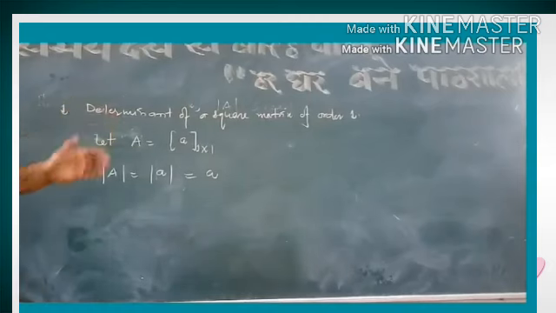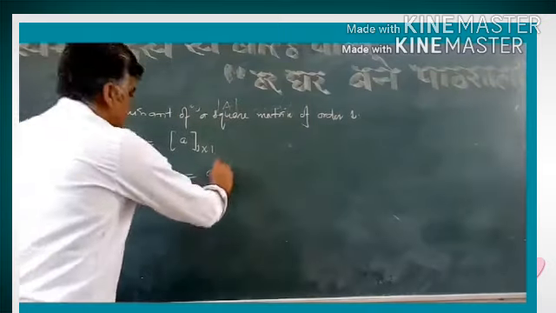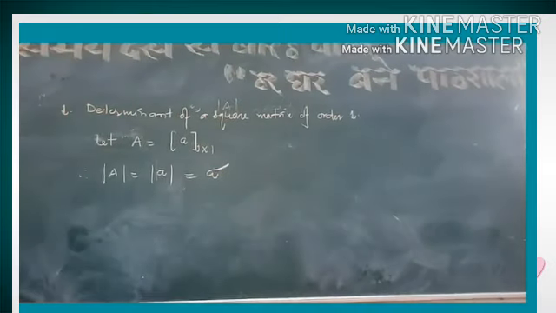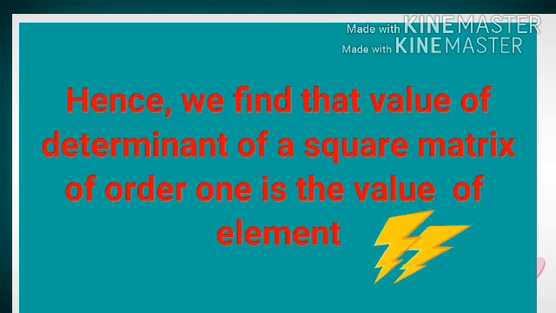In the case of a square matrix of order 1, the value of the determinant is the value of the element. Clear? Hence, students, we find that the value of the determinant of a square matrix of order 1 is the value of that element.